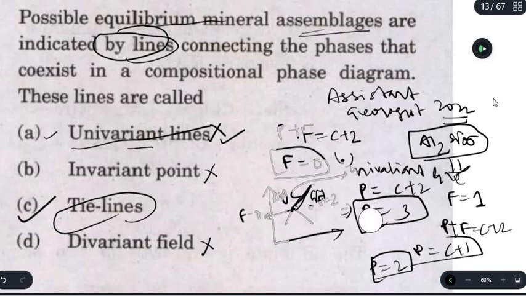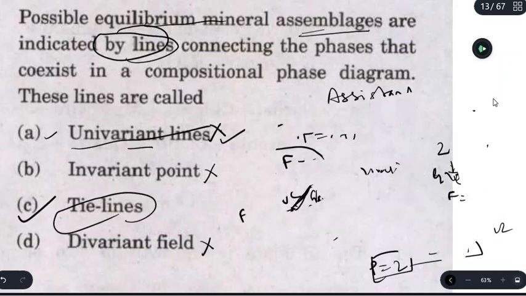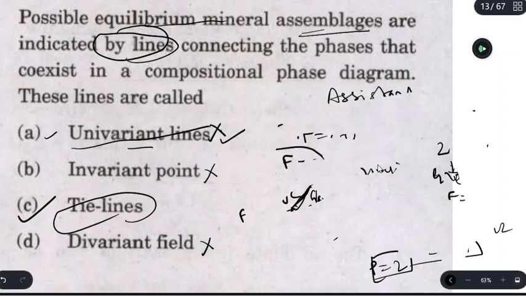Okay? Clear? हाँ, अभी आया है compositional के. Composition change नहीं होगा ना? जैसे kyanite और sillimanite is like composition wise same, Al2SiO5. Am I right? But these are not joining the same compositional phase. These are present in other fields.